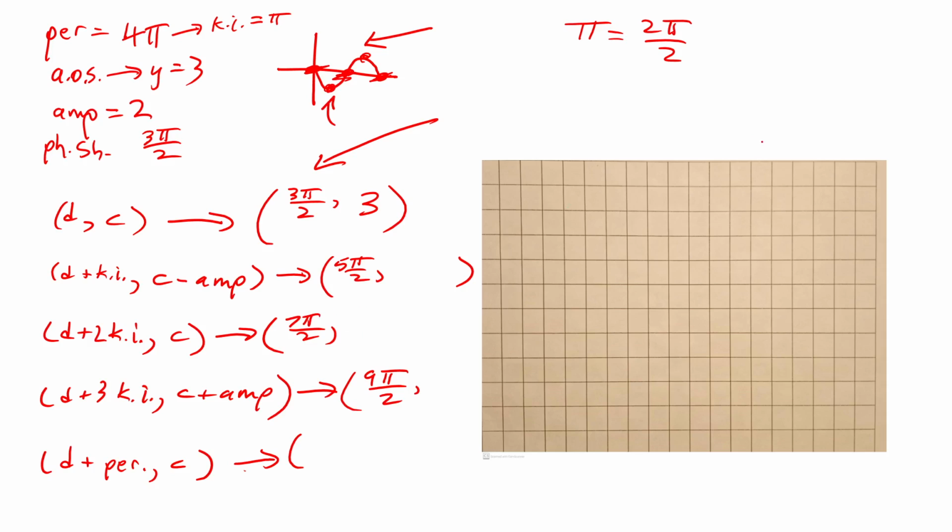Well, 3 pi over 2 plus 4 pi would be the same as saying 3 pi over 2 plus 8 pi over 2, which is 11 pi over 2. Okay, so we can figure out that last x value that way.